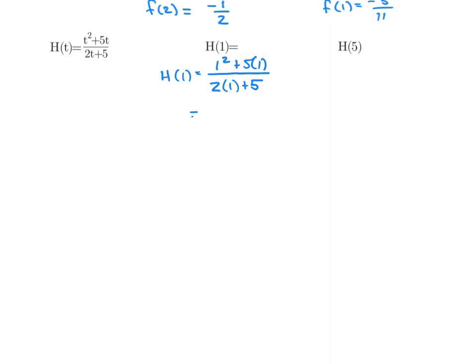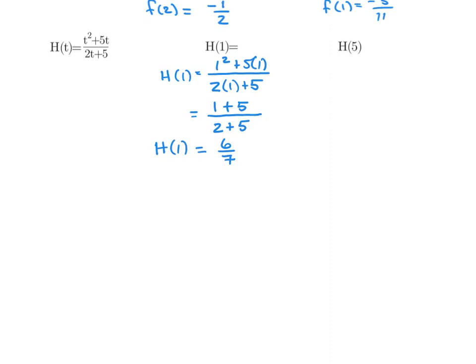If we do our exponents and multiplications, 1 squared is 1, 5 times 1 is 5, and on the bottom 2 times 1 is 2, plus 5. This simplifies down to 6 over 7. So h of 1 equals 6 over 7.